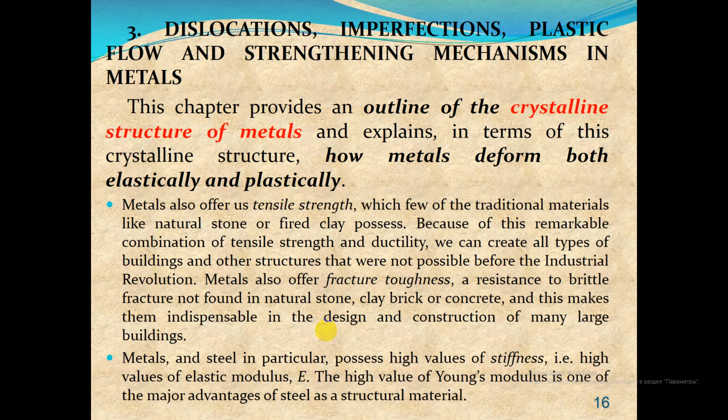Metal, and steel in particular, possess high stiffness, that is, a high value of elastic modulus. Young's modulus is one of the major advantages of steel as a structural material.